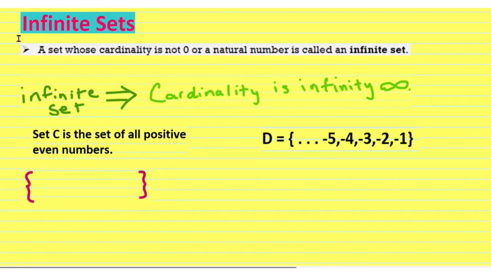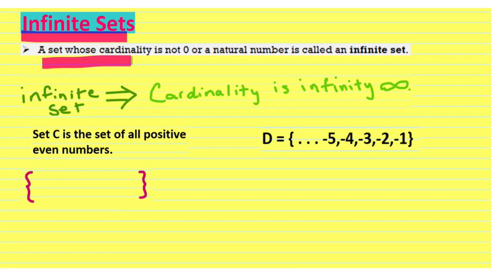Now let's talk about the infinite sets. An infinite set is a set whose cardinality is not zero or not a natural number. So essentially, if it's not a zero and if it's not a natural number, the only thing that is left is infinity.